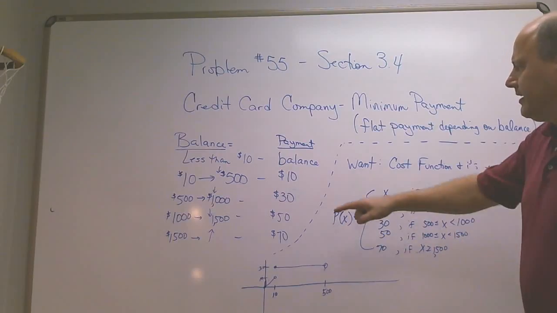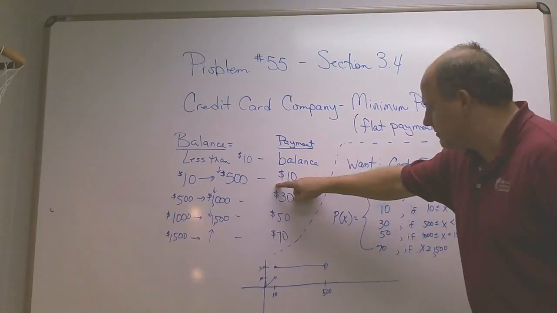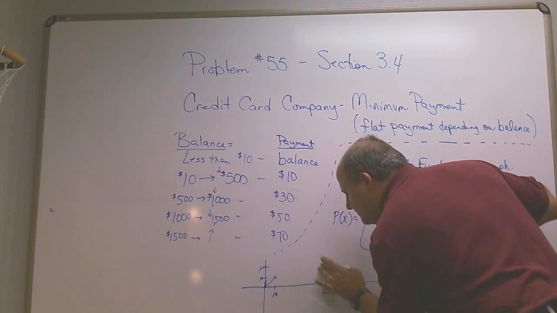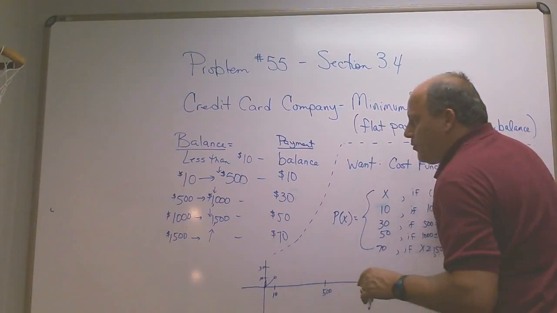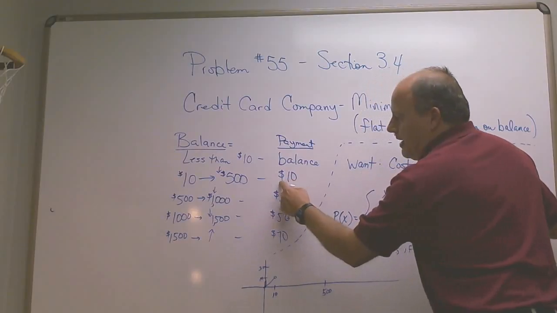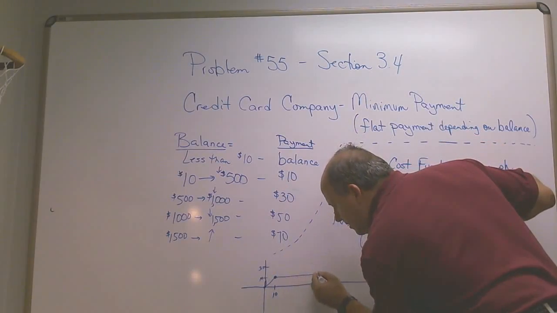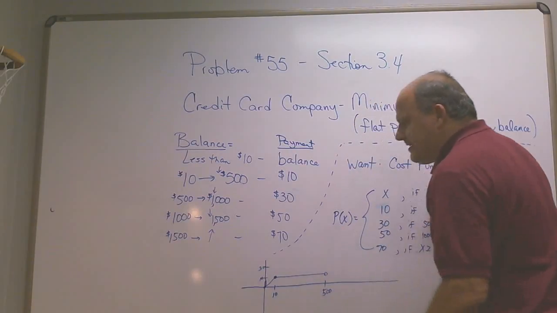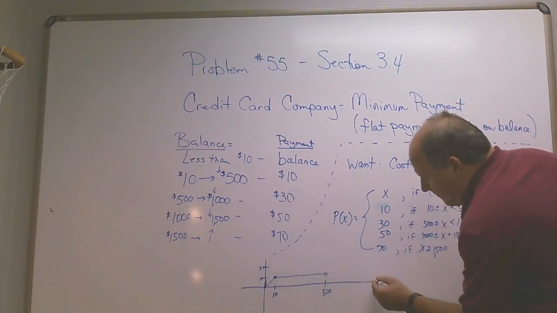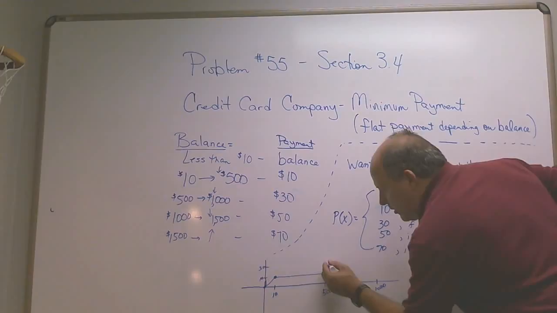No, actually, 0 to 500 is $10. Sorry, my mistake. I skipped one down. Between $10 and $500, it's actually a payment of $10. It doesn't hit $30 until you get to 500 to 1,000. From 500 to 1,000, that's when it jumps up to $30.